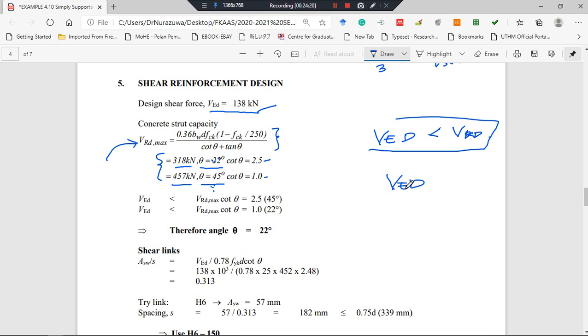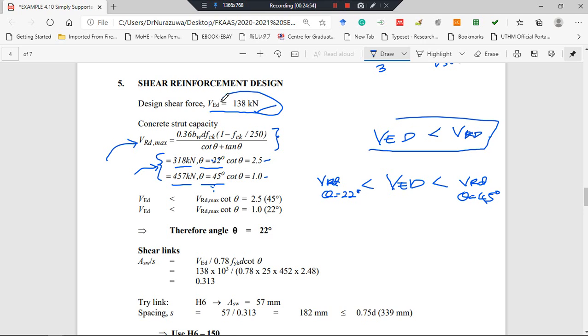If the VED is compared with this code here, when we check this one with the VRD due to theta 22 degrees, and also this is the VRD due to theta 45 degrees, we check this one.